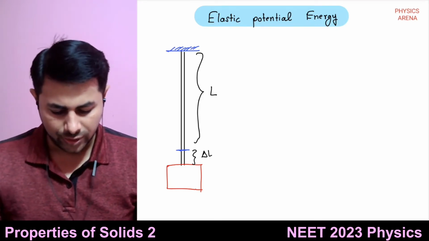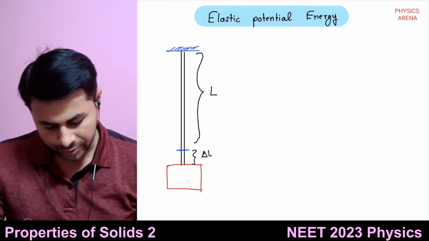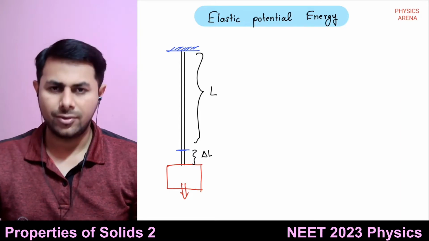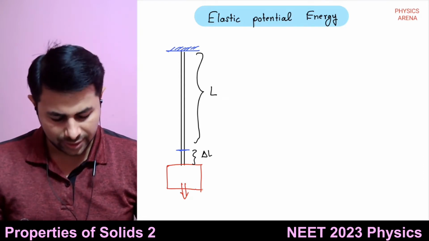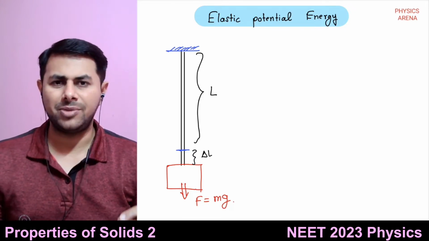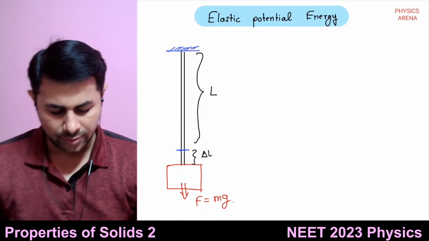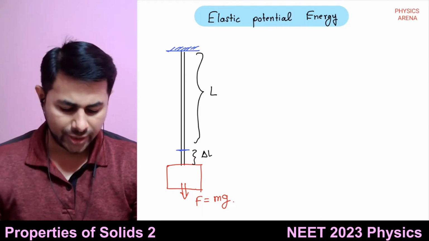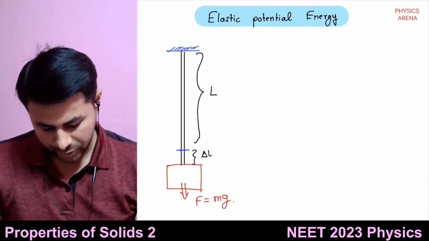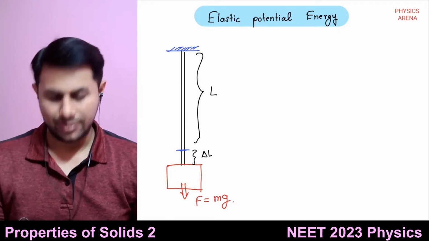Now how much is the force? The force acting on the wire is equal to this weight. Suppose the wire itself is weightless. Now, how much would be the work done in this process of extension?